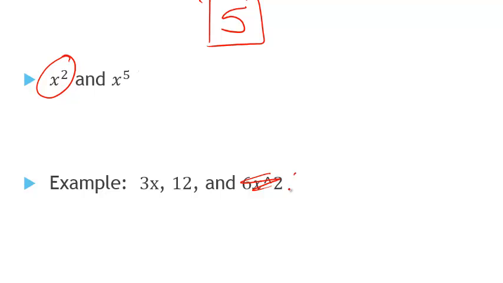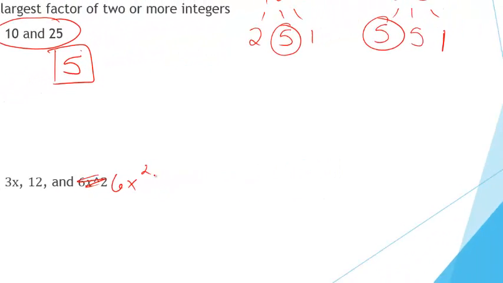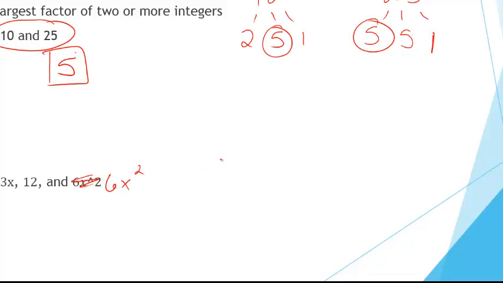Now let's find the GCF of 3x, 12, and 6x squared. The factors of 3x is just 3 and x. The factors of 12 is 3 times 2 times 2. 2 times 2 is 4, 4 times 3 is 12.